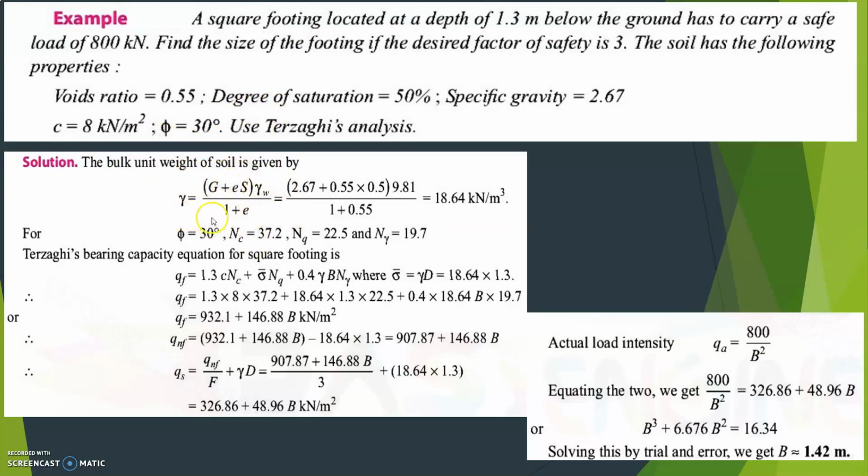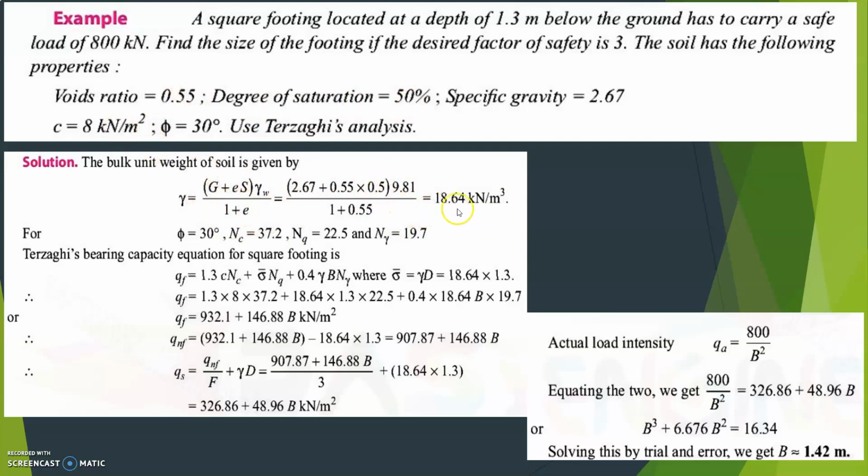So, gamma is equal to (G plus S e) into gamma w divided by (1 plus e). G is given 2.67 specific gravity, plus e is void ratio 0.55 into S, degree of saturation 50%, so 0.5, into gamma w 9.81, divided by 1 plus e, e is equal to 0.55.